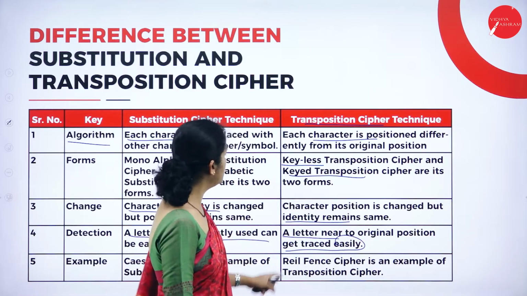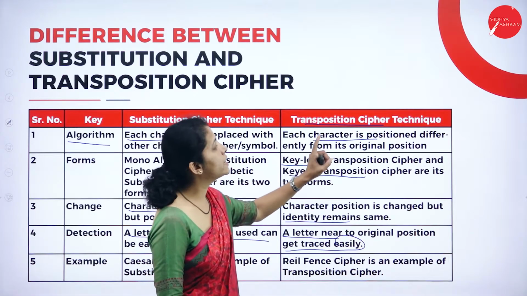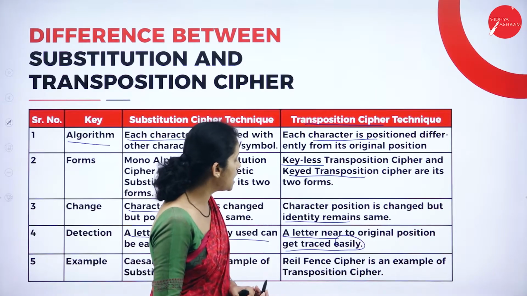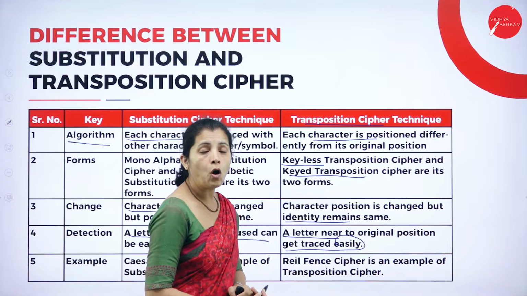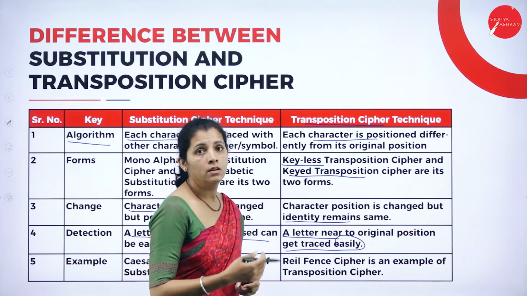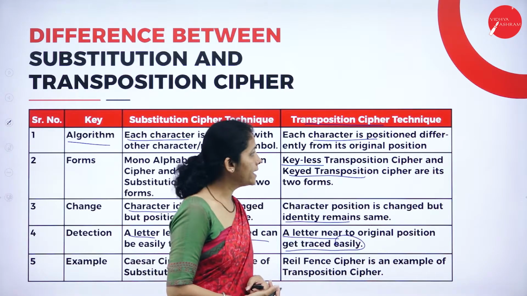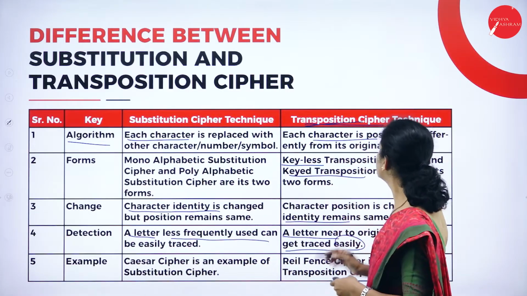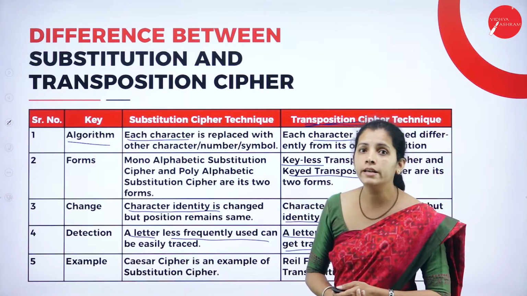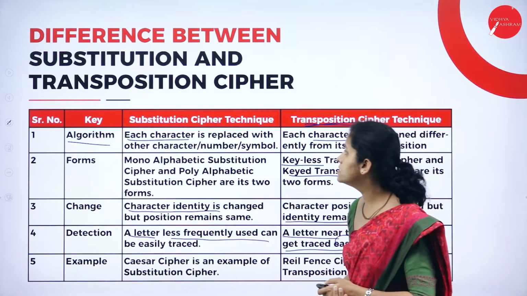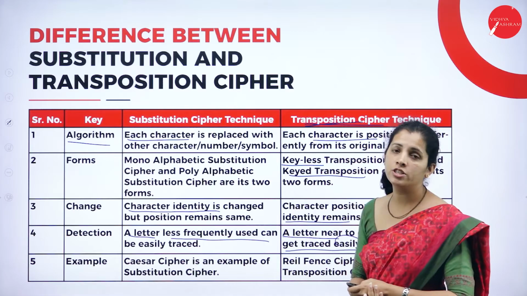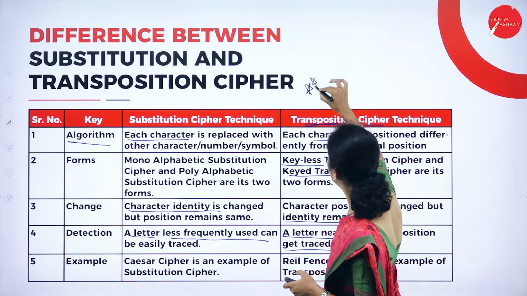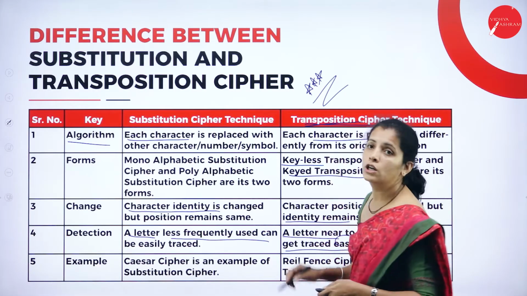And if I consider transposition cipher techniques, then the examples for transposition cipher techniques are Rail Fence cipher or row column cipher, etc. These are the examples for transposition cipher technique, and these are certain differences between substitution cipher as well as transposition cipher. And from the examination point of view, this is also a very important topic.